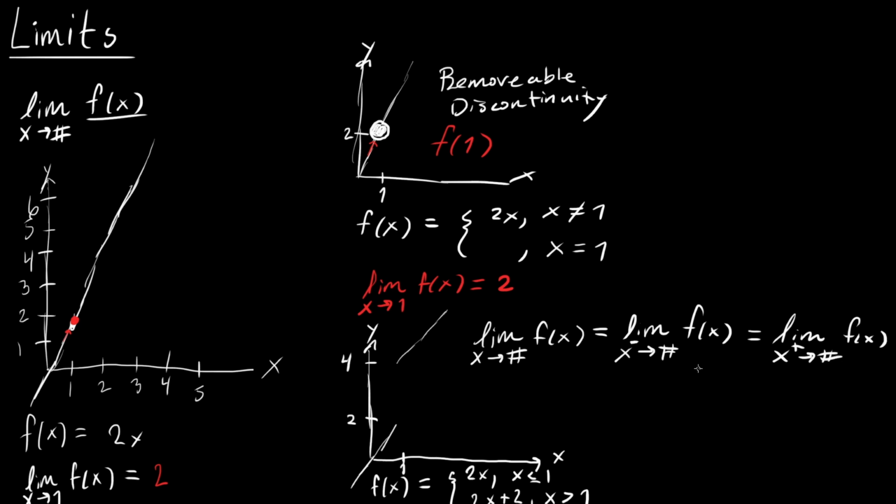So all three of these things have to be equal for the whole limit to exist.